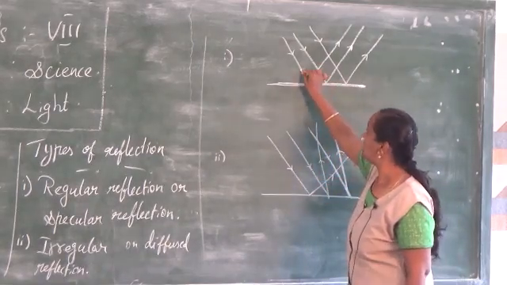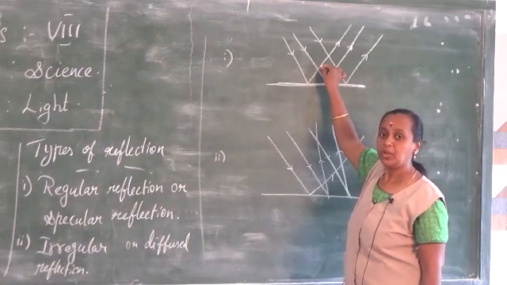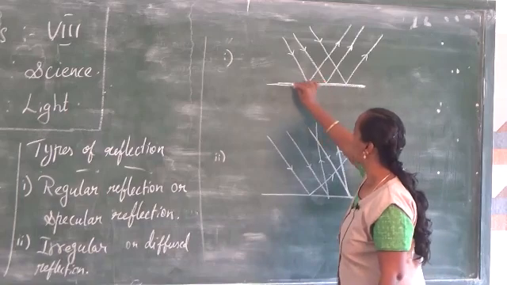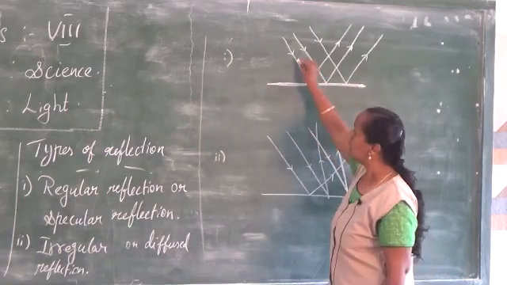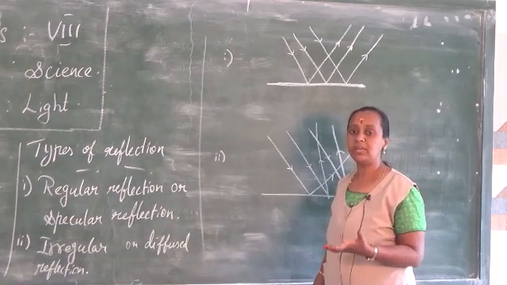Here the angle of incidence will be equal to the angle of reflection. So you get a clear image in this regular reflection.